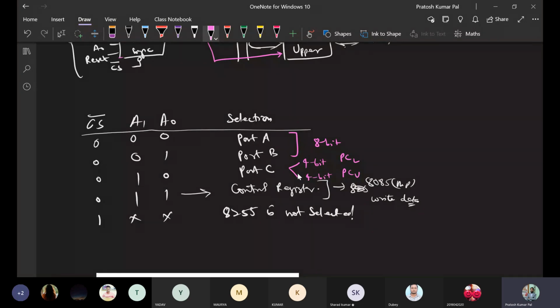So how the programming of this 8255 will be done, so that it will be connecting a particular port to a peripheral device, and that peripheral device is working either as an input port or an output port, is decided by the control word given by the microprocessor basically. So here we will see further.